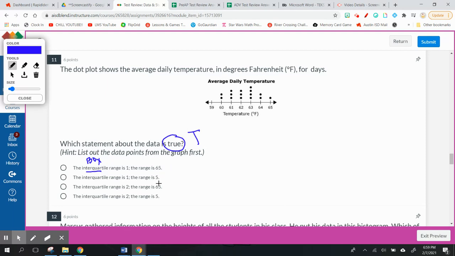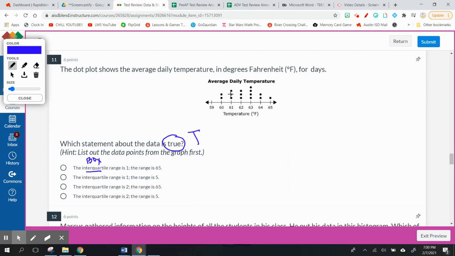So what I would suggest to do first, because our range is either listed as 65 or 5, let's work on finding just the plain Jane range and then eliminate some basic answer choices off of that. We don't have to work as hard to do that. So at the very least, if you're super stuck, you could use this and at least give yourself a 50% chance of getting it correct if you just completely space out on the second part.